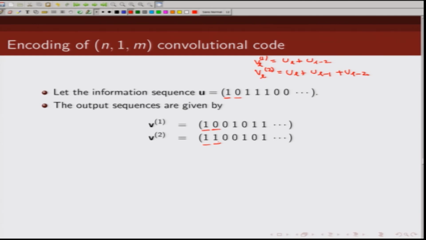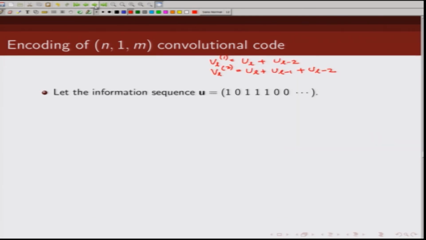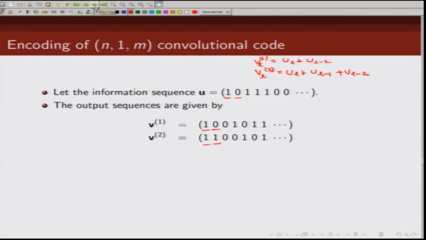Okay. Next, what happens? Again go back to this diagram, you had an input 0 here. So, now this 0 will move here and the 1 you had here will move here. So, the new contents of the shift register will be 0 and 1. Then the next input is 1.